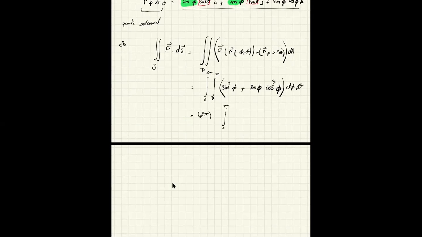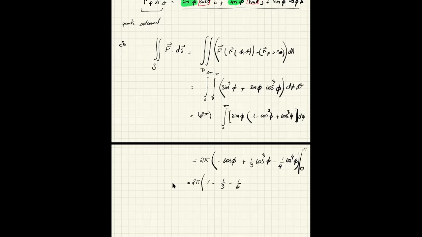The integral from 0 to pi of sine phi times 1 minus cos square of phi plus cos cube of phi will be equal to 2 pi times cos phi plus 1 over 3 cos cube of phi minus 1 over 4 cos 4 of phi between pi and 0, which is 2 pi times 1 minus 3 minus 1 over 4 plus 1 minus 1 over 3 plus 1 over 4, which is 8 over 3 pi. Okay?